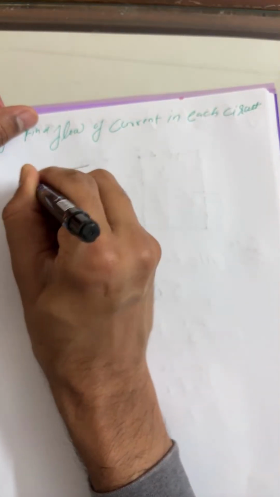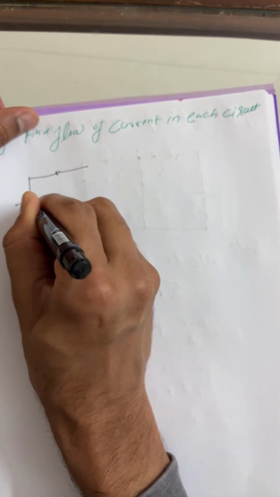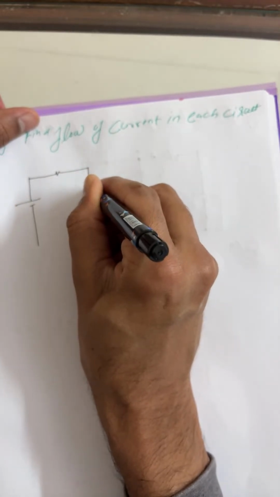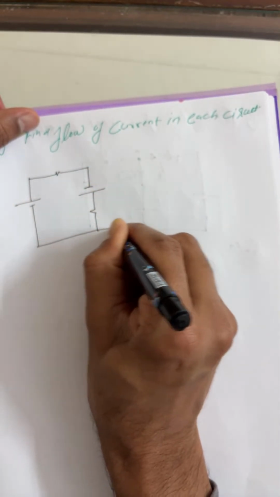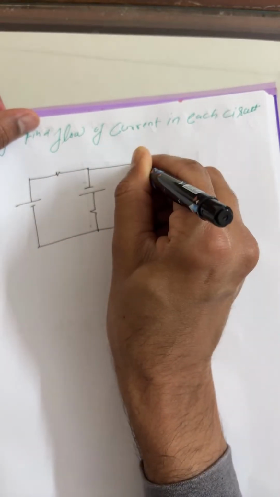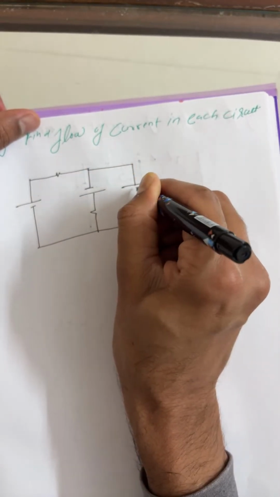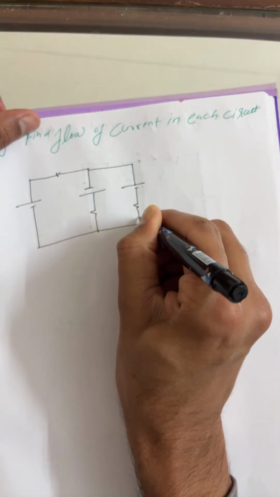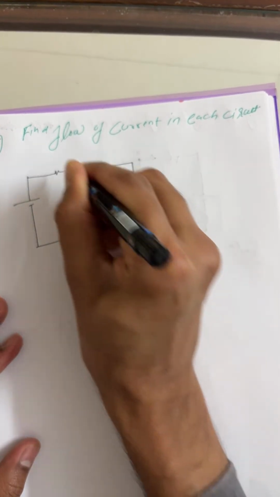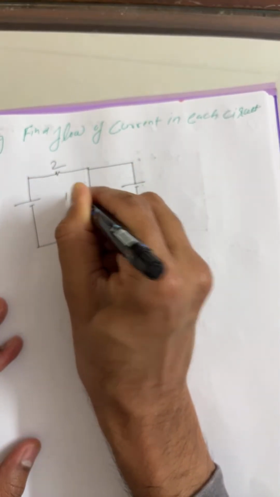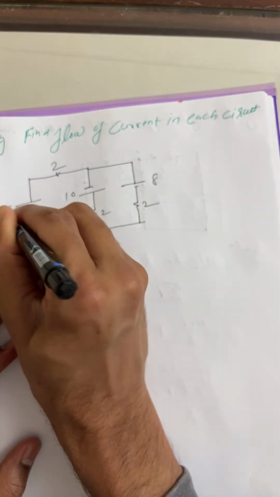This is the condition. Beta, this is 2, my dear. 2, 2 and 2. You can take 10 volt, 8 volt, 6 volt.